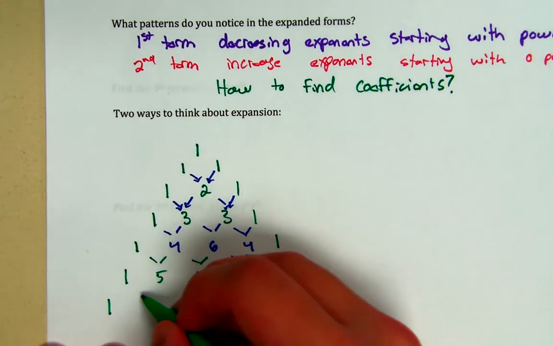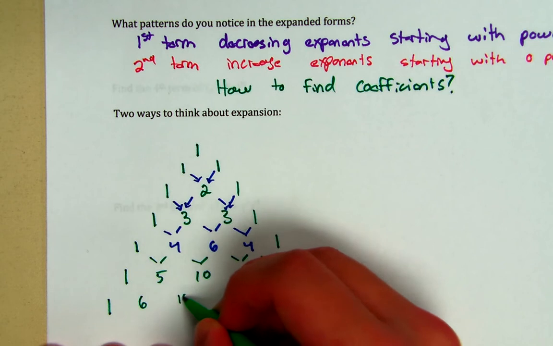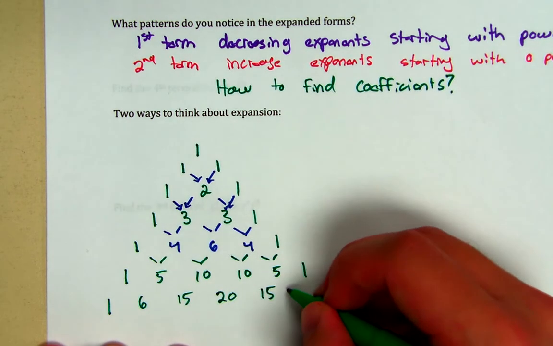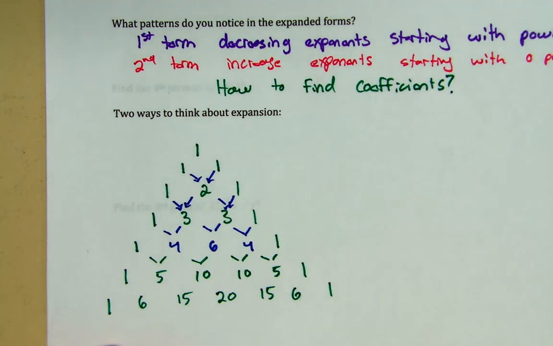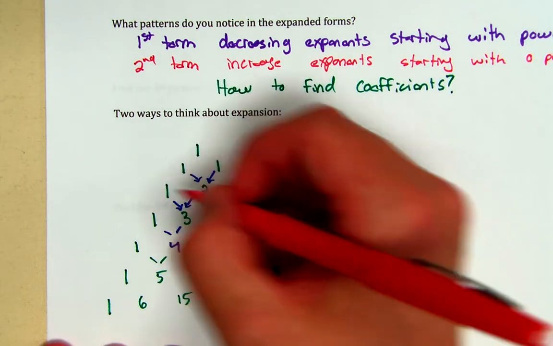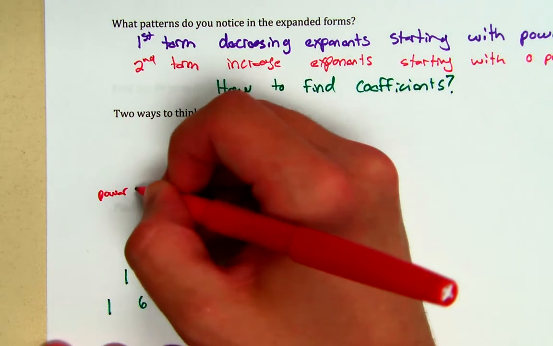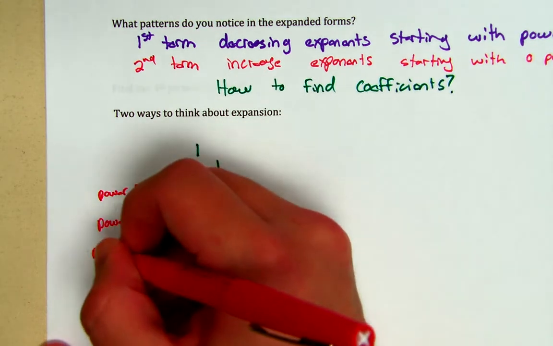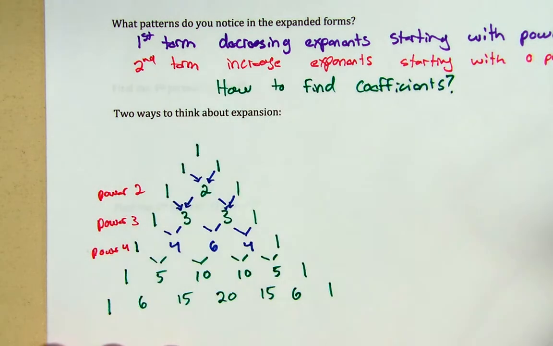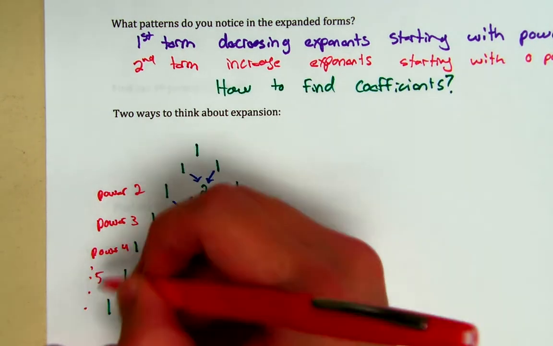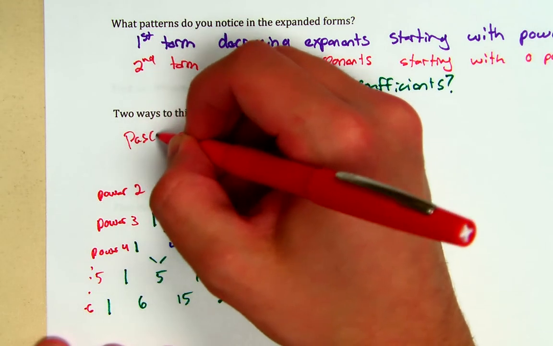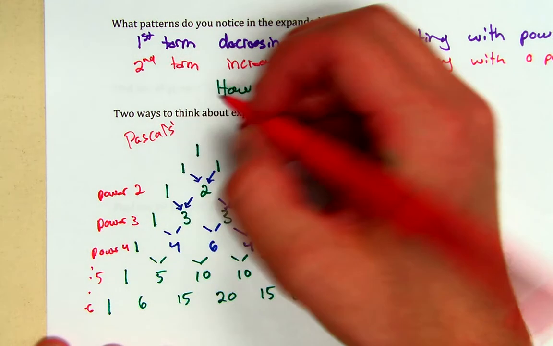I can do 1, 6, 15, 20, 15, 6, and 1. And let's go ahead and put these with the powers. Well, this was when we had a power of 2, power of 3, power of 4, and so on. So this would be 5, this would be 6. This is known as Pascal's triangle.